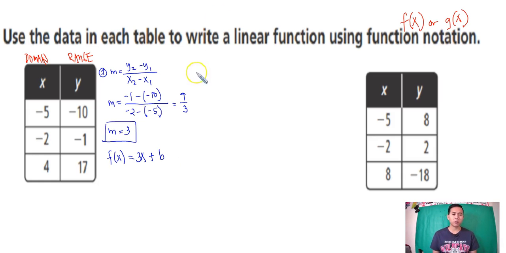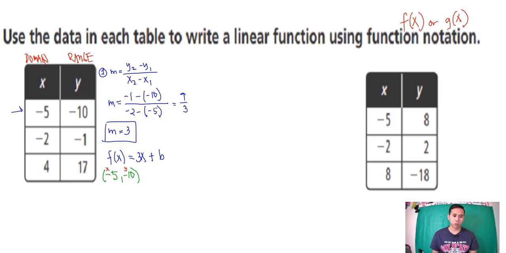So maybe I'll use the first point, which is -5, -10. I'll write this in green, -5, -10. That will be our point, and this is our x, and this is our y.